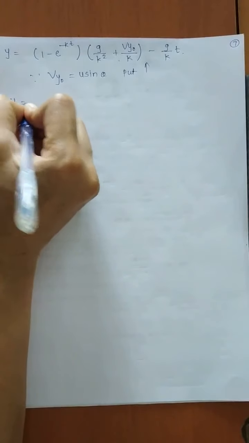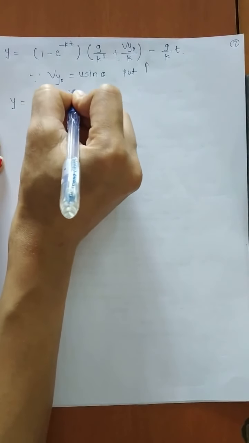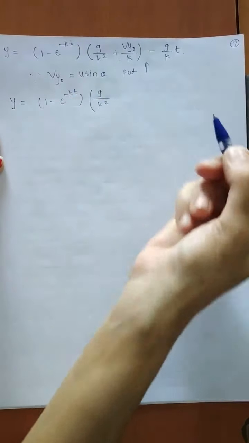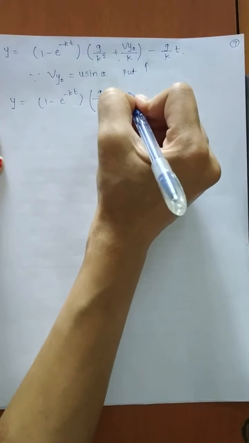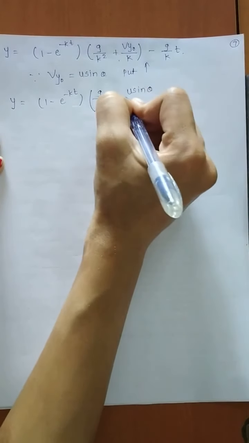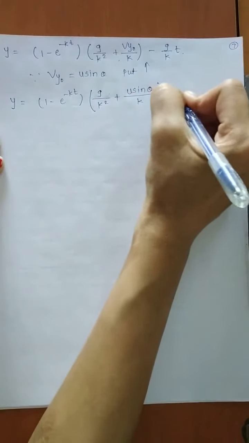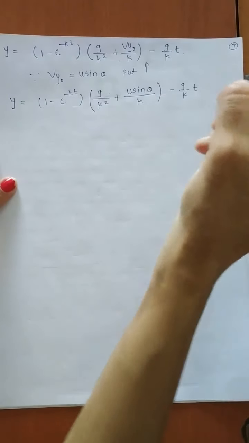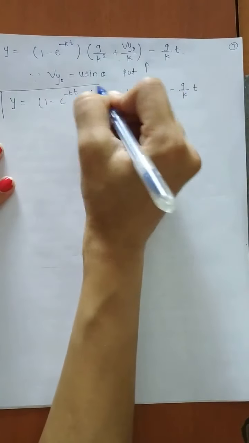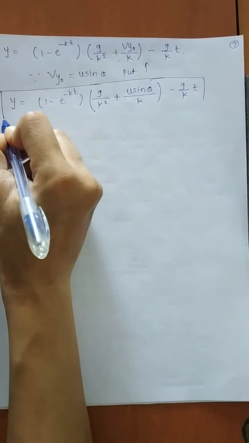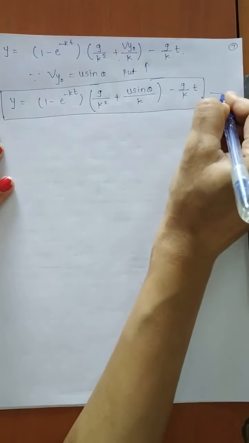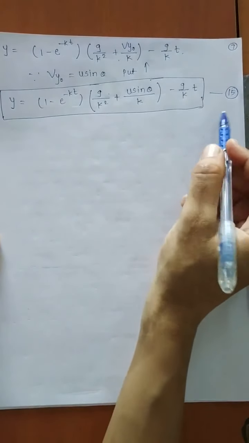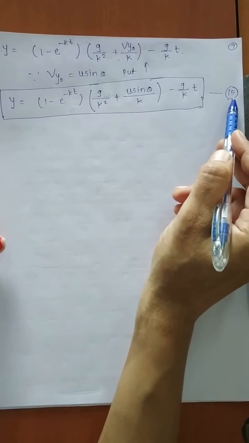We will get y equals 1 minus e raised to minus kt into g upon k square plus, what is Vy naught now? u sine theta upon k minus g upon k into t. Okay, so let me put this equation in a box. This is a very important equation. This is the equation of motion along the vertical axis, or vertically upward direction. I have called this equation 15.